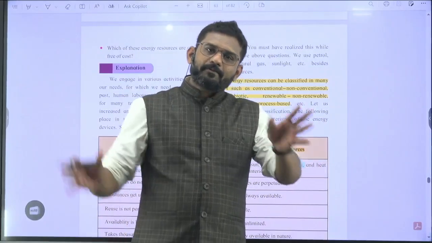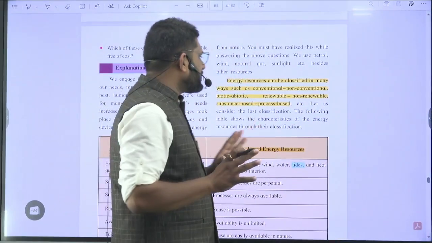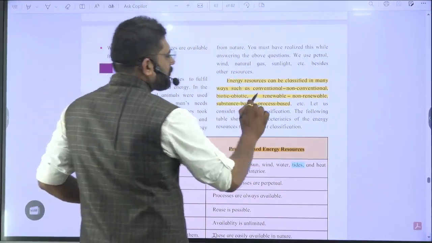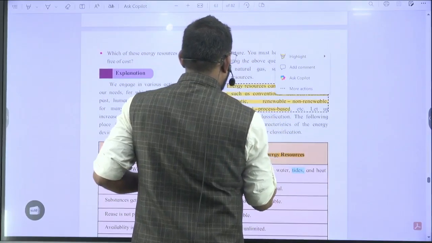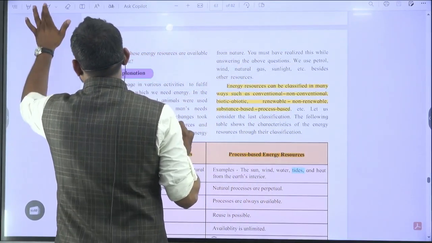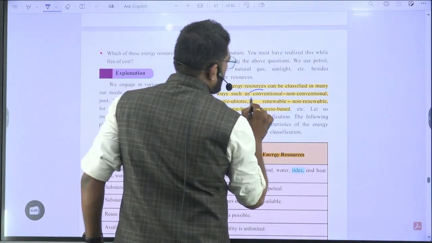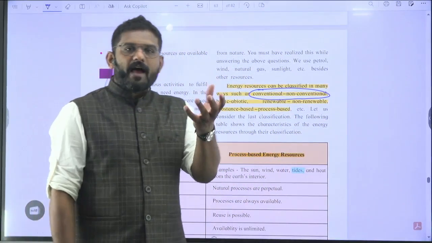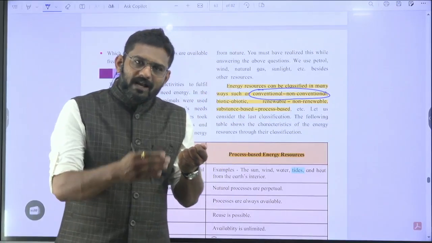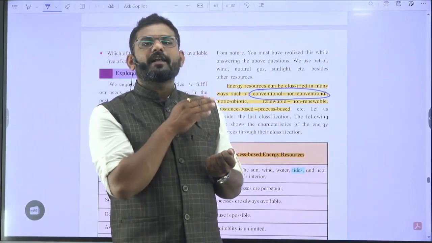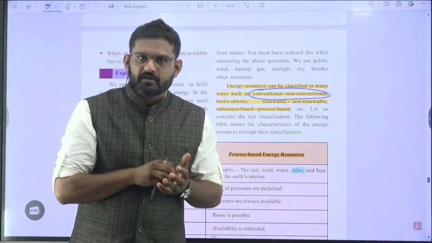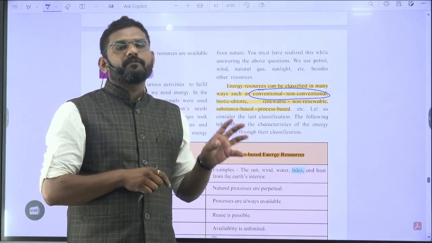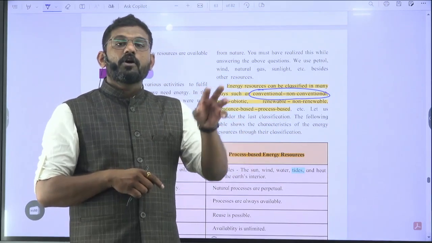So these types also have further types. Some call energy resources conventional and unconventional. If I am using petrol to run my car, it is called a conventional energy source. That is fossil fuel. Fossil fuel is a conventional energy source.